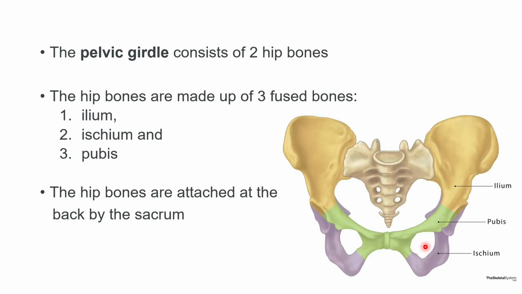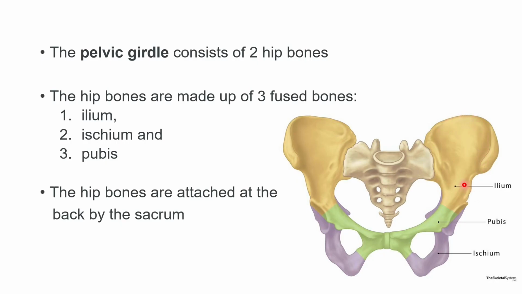Then we move to the pelvic girdle. Now the pelvic girdle, remember it's part of grade 12 work, so we must make sure we understand it nicely. There are 2 hip bones, and the hip bones are made out of 3 bones that are fused. We've got the ilium, which is this one that's more yellowish in color.